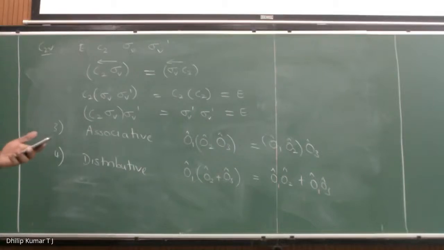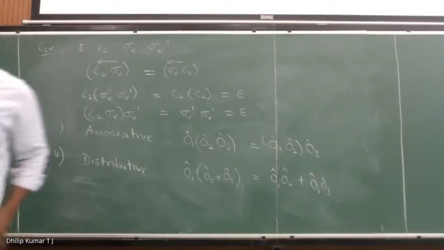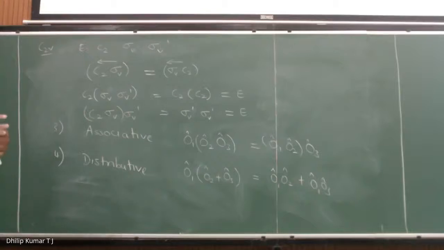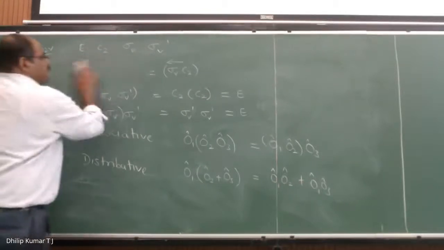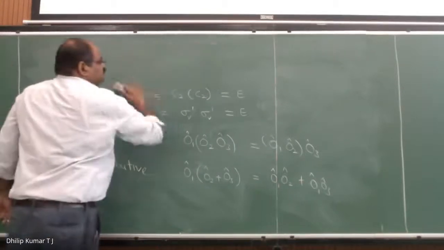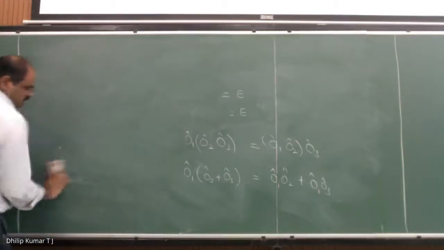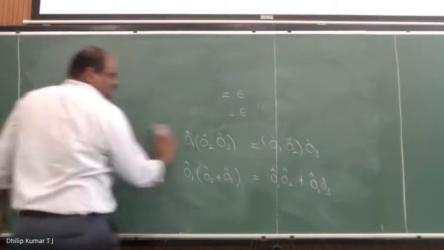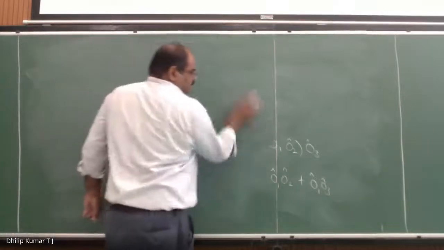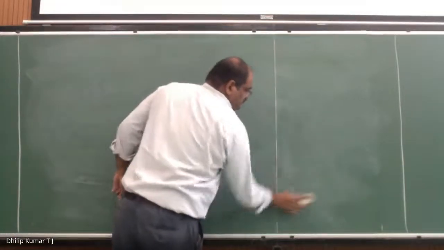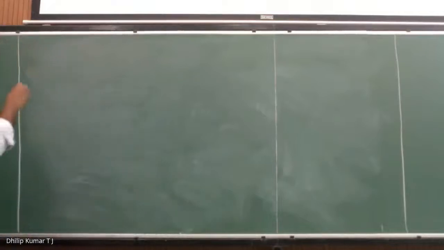Shall I start what is called a group? Maybe I'll just give a definition, then we'll see the properties. I just want to say that symmetry operators also obey operator algebra. So we'll see what is called a group.